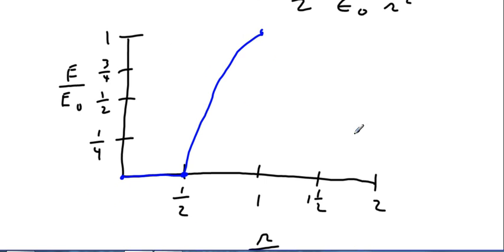So this is going to drop down, and at 2, we're going to be at a quarter. Okay, that looks good for a graph. Alright, so that ends the problems that I'm solving in chapter 22.